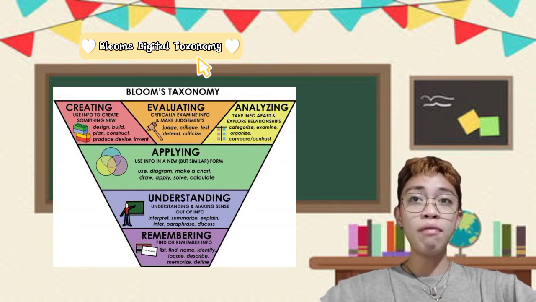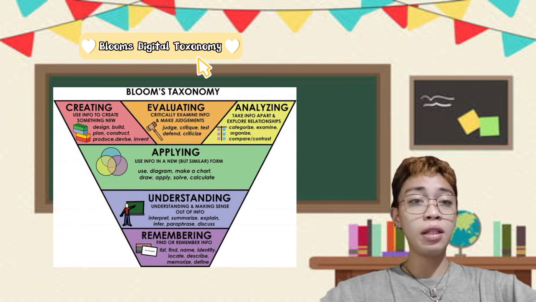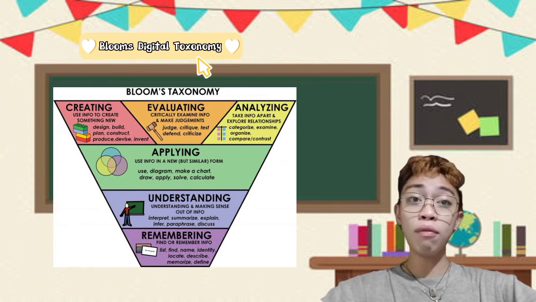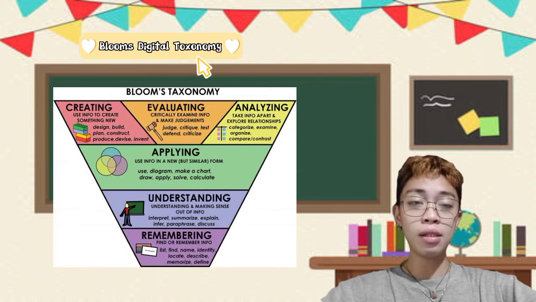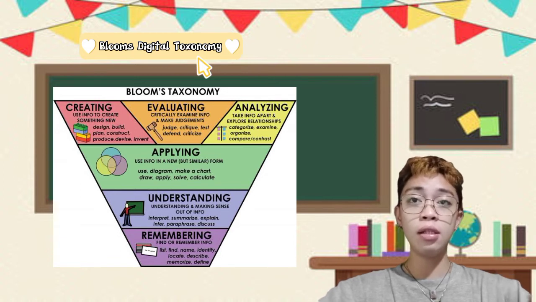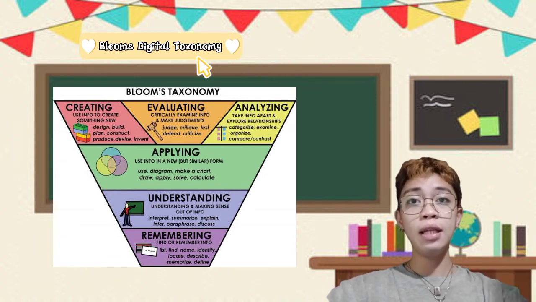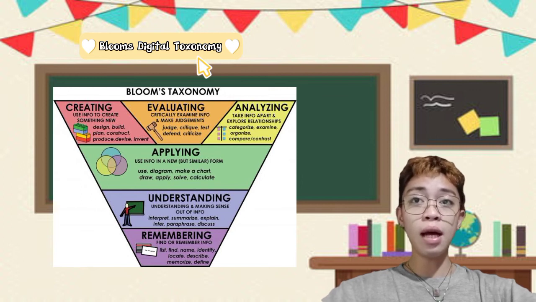The advantage of Bloom's digital taxonomy is that it deals with how we can integrate the revised Bloom's taxonomy with technology. It focuses on the quality of the process and the product, and the advantage is that the user is in control. It can also be seen as the process of the student creating a personal learning environment.